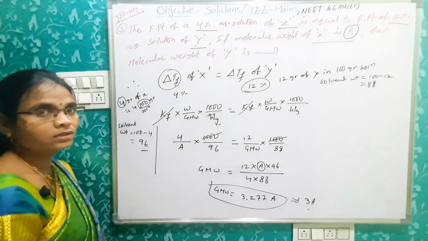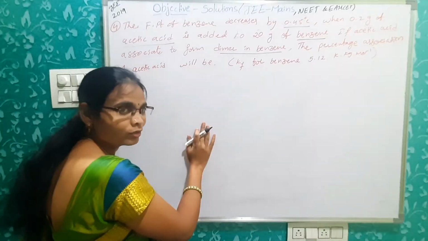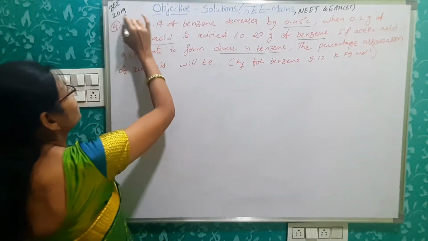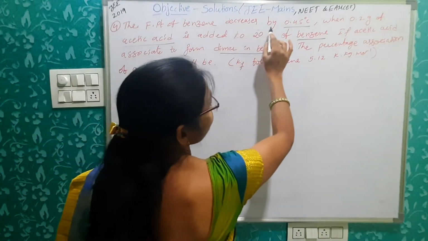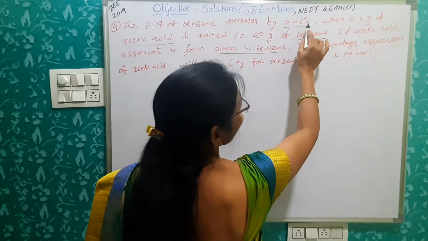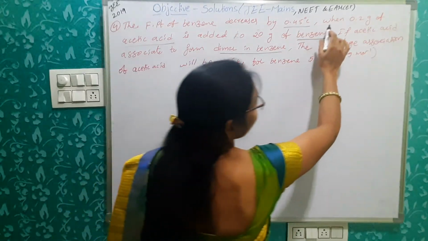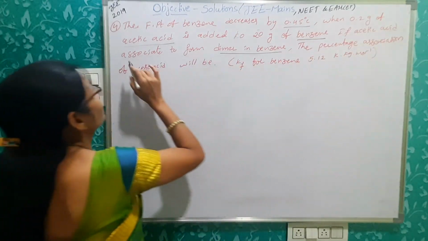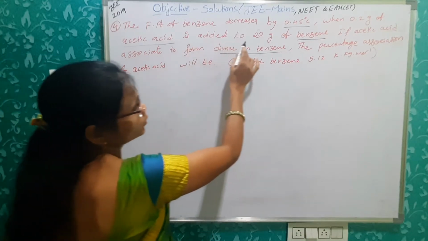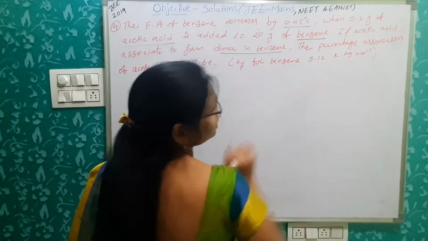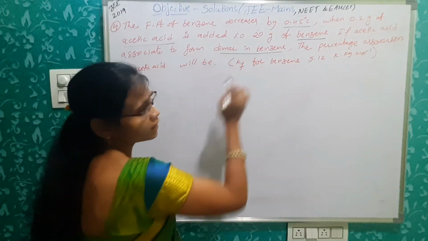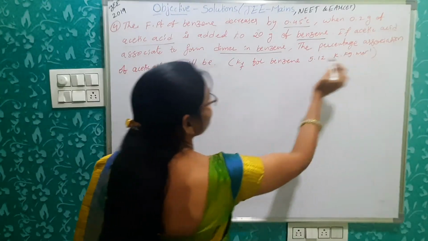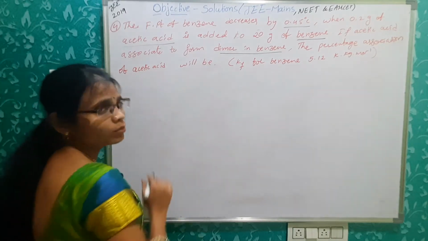Okay, clear? Next problem. Now, fourth problem. This is also a previous JEE Mains 2019 question. The freezing point of benzene decreases by 0.45 degrees Celsius when 0.2 gram of acetic acid is added to 20 grams of benzene. If acetic acid associates to form a dimer in that benzene, the percentage association of acetic acid will be.